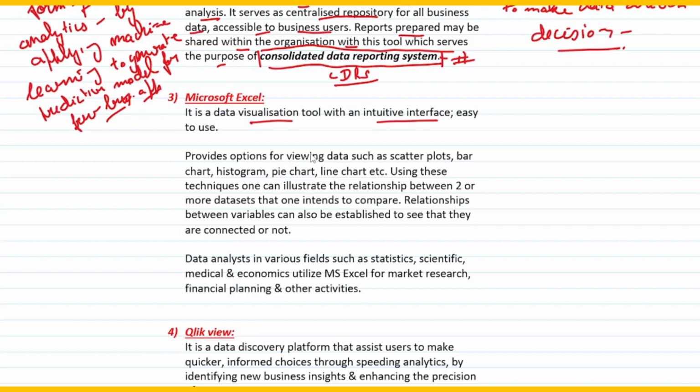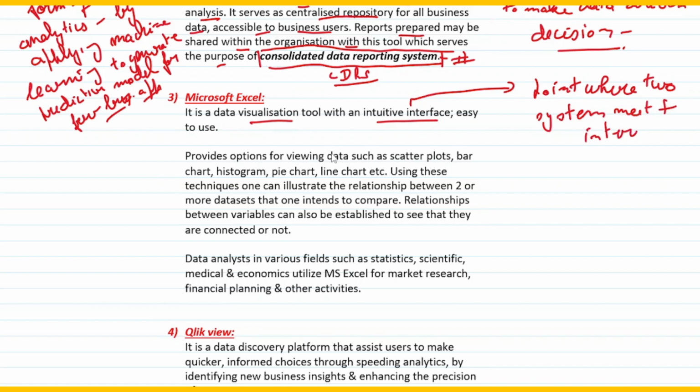And it is very easy to use. Okay, what do you mean by intuitive? Intuitive interface simply means it's basically a point where two systems meet and interact. So that is what is intuitive, right?